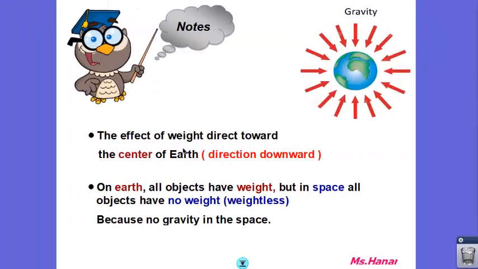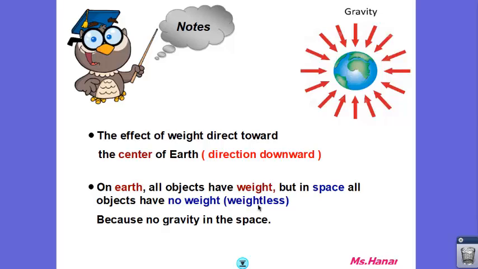Some notes. Firstly, the effect of weight is directed toward the center of the earth. Take care, toward the center of the earth, not the surface. So it has a downward direction. The second note, on earth all objects have weight because there is gravity on earth.